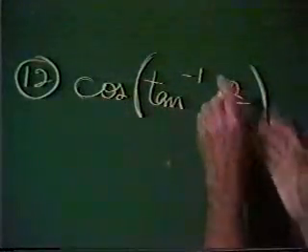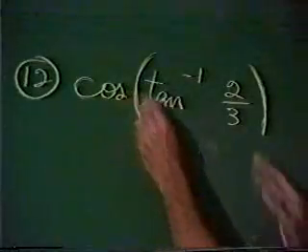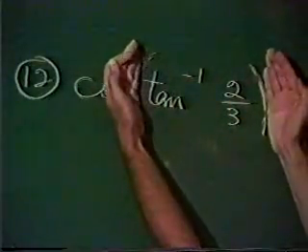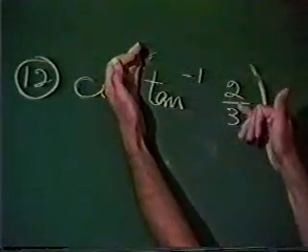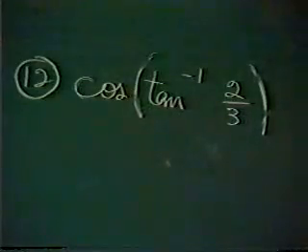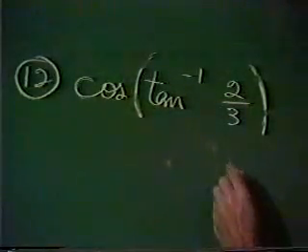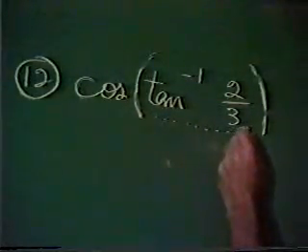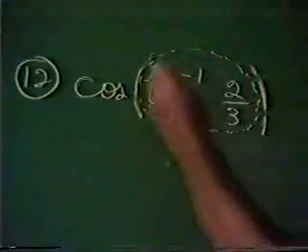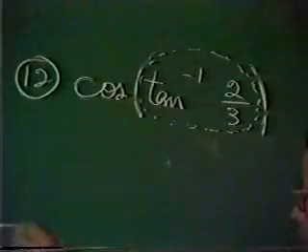We talked about that before. Well, what is the answer to the inverse tangent of a number? That's an angle. Okay, so this checks. This is an angle, so I'm going to draw that angle.